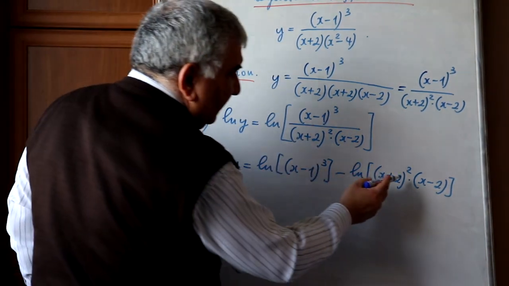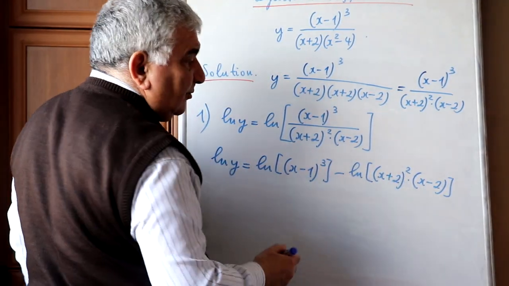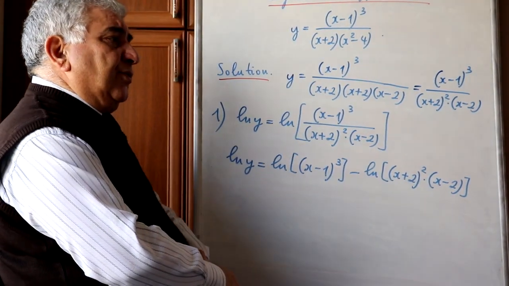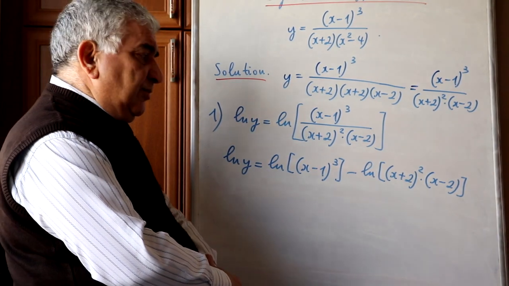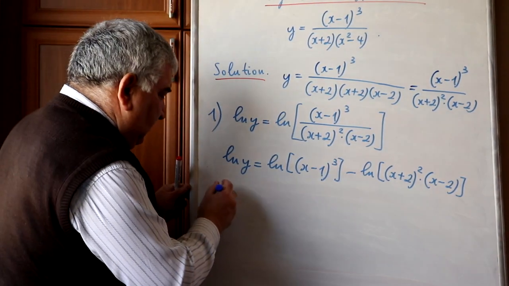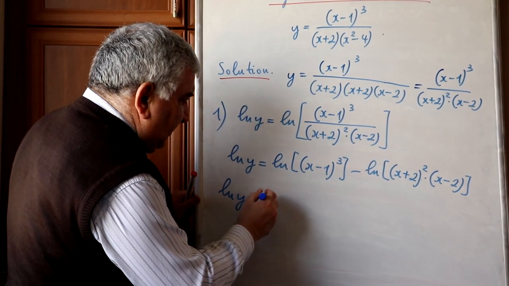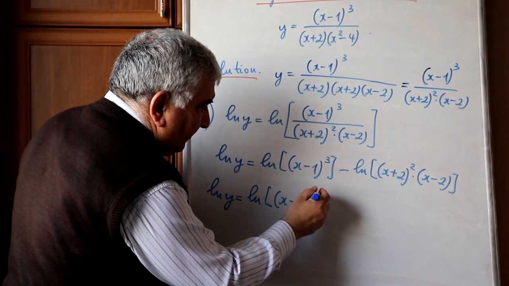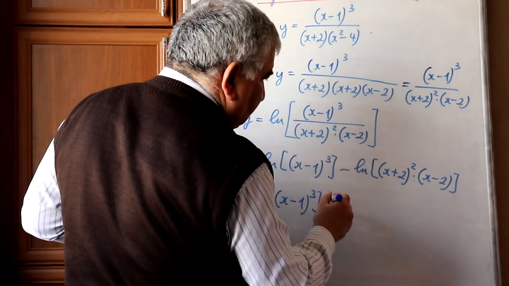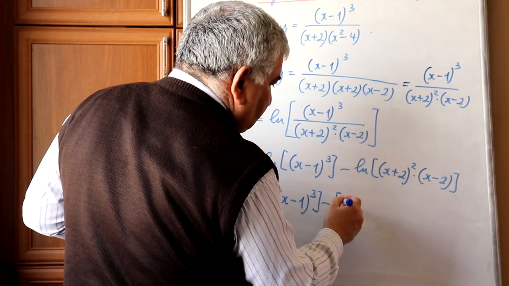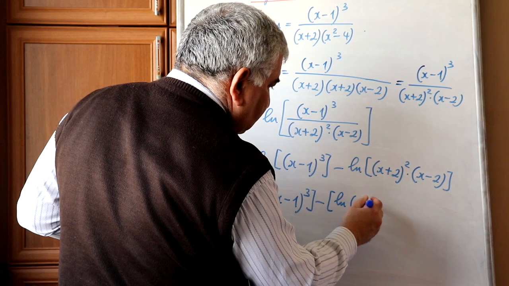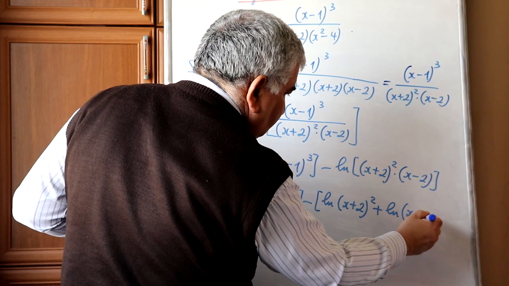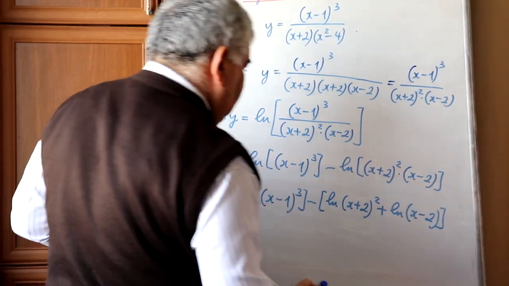Then here we have the product, and it is known that the logarithm of a product is equal to the sum of the corresponding logarithms. Continue. Natural logarithm of y equals natural logarithm of x minus 1 cubed minus natural logarithm of x plus 2 squared plus natural logarithm of x minus 2.